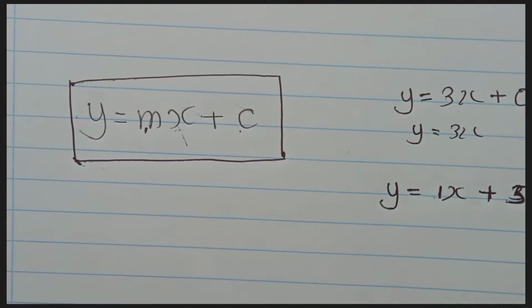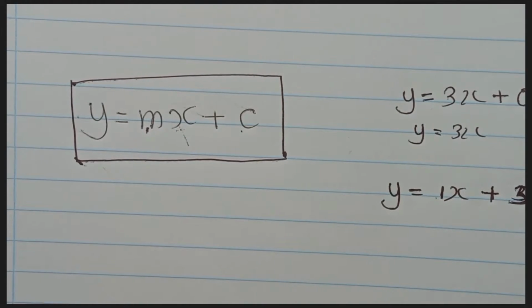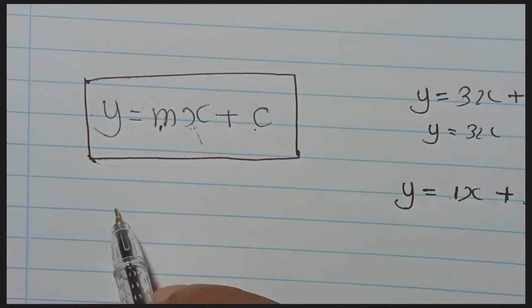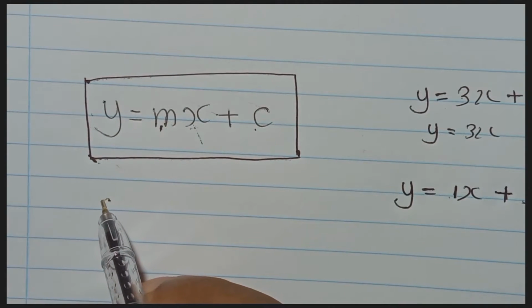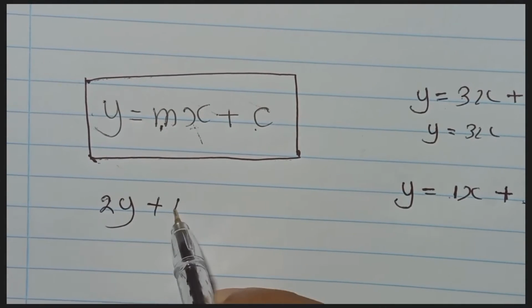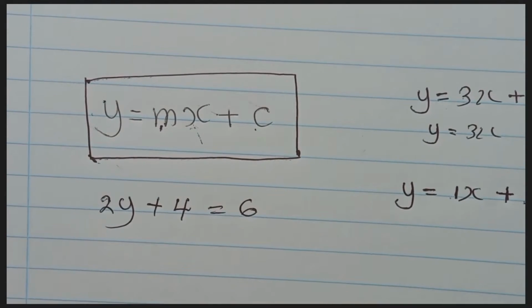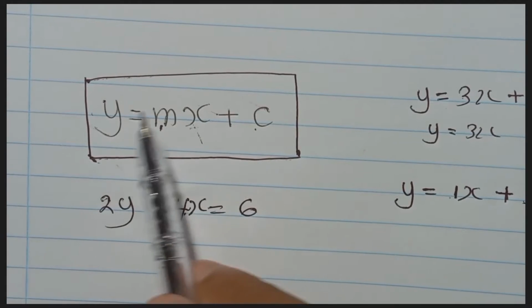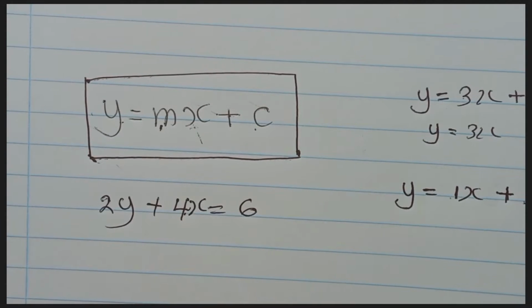This is gradient. Now that means any equation of a linear graph, you can make into this format, right? Now for example, if you got it this way, 2y plus 4x equals 6, right? Now don't think this 4 is the gradient, it's wrong. I will discuss this later. Now you have to make it into this format, otherwise you can't tell what is the gradient.